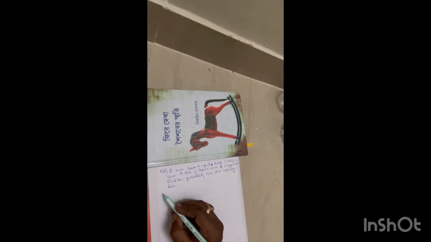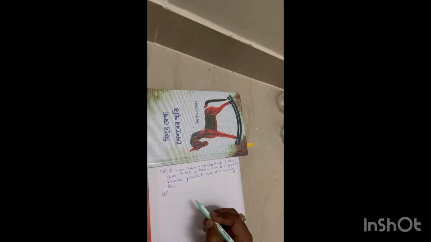So there could be possibilities that whatever he says may be true or false, but actually my favorable answer must be 4 when 4 appeared. That means the dice has actually given a 4 and the man is also telling the truth. So this is the condition. So what are the probabilities initially needed? That the man speaks true or false.